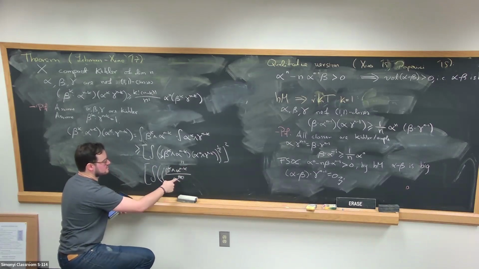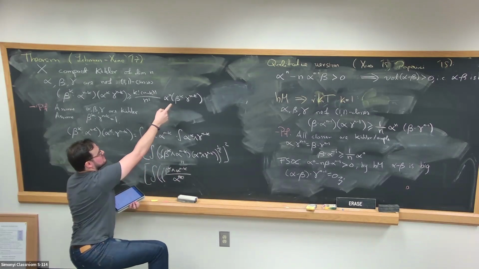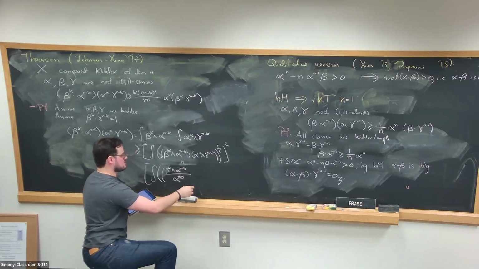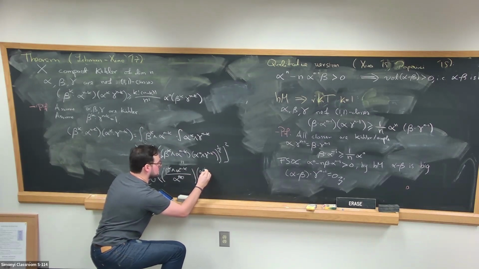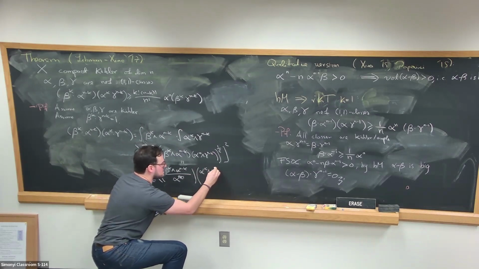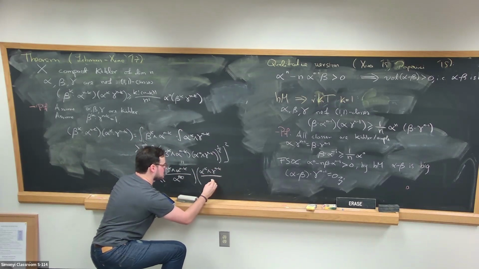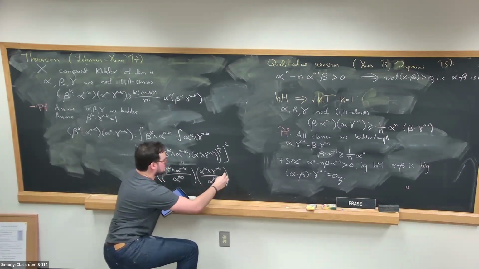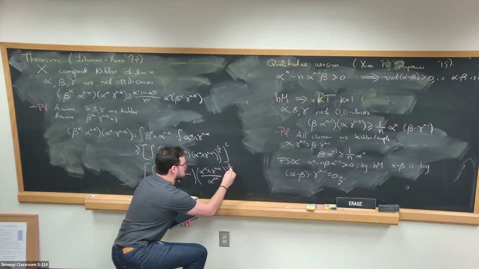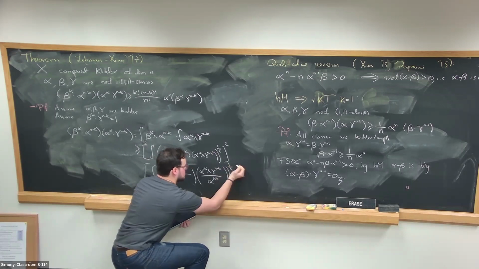So here I'm making the difference between alpha to the n, which is some integral, and just the wedge times alpha to the k. And this is all divided.